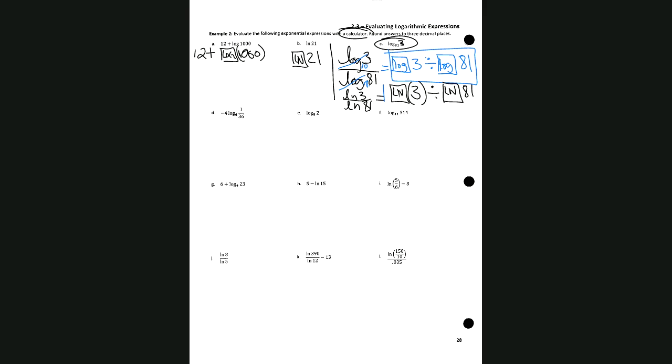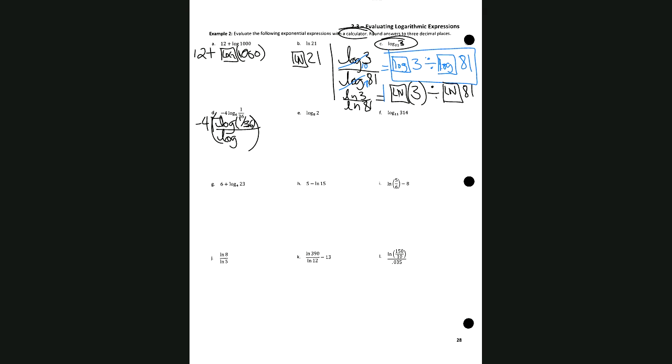For the next problems, we're going to do the same, change the base. So in this case, we will have -4. And then I'm going to go ahead and change the base of this one. So it's going to be the log of 1/36 divided by the log of 6.